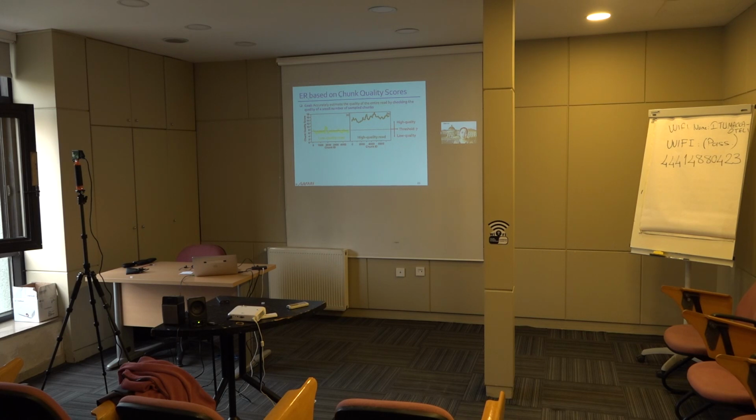So the early rejection based on the chunk quality score, in this sub-technique, our goal is to accurately estimate the quality of the entire read by checking the quality of a small number of sampled chunks.